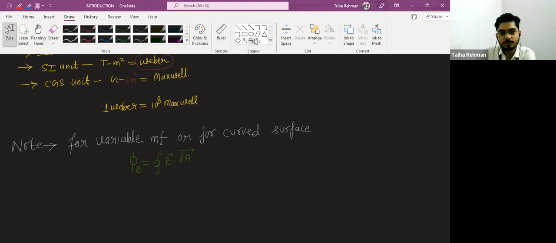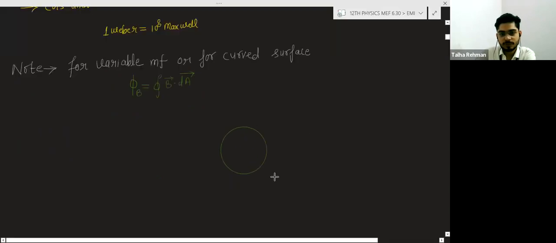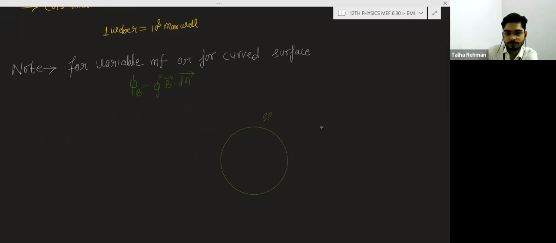So suppose this is your curved surface, a sphere, and suppose this is the center of the sphere. I will take 2 points. We have discussed in the chapter electrostatics how we decide the direction of the area vector for curved surfaces.